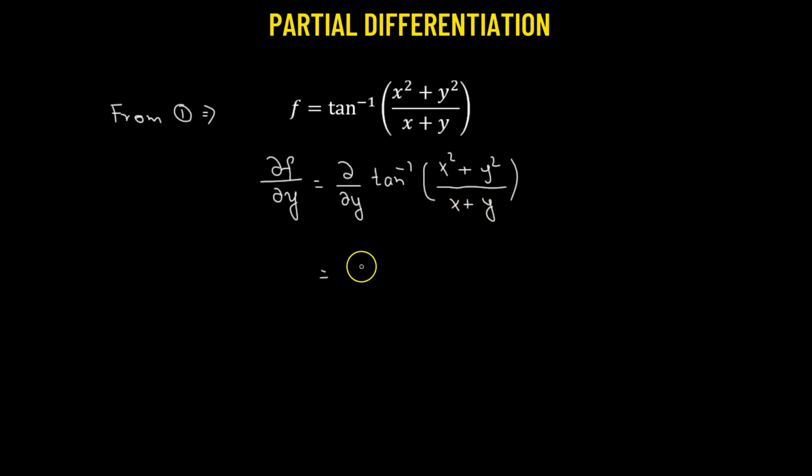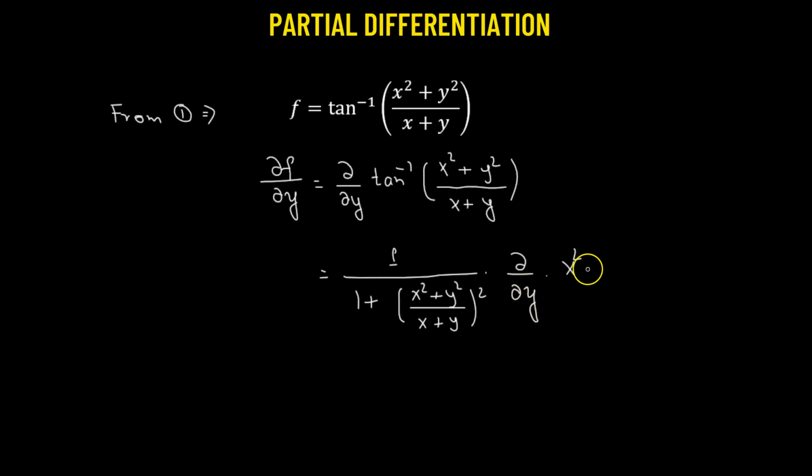The derivative of the inverse tangent function is 1 divided by 1 plus x squared, where x is actually x squared plus y squared divided by x plus y, whole squared. This gets multiplied by the partial with respect to y of x squared plus y squared divided by x plus y, obtained as a consequence of the chain rule.